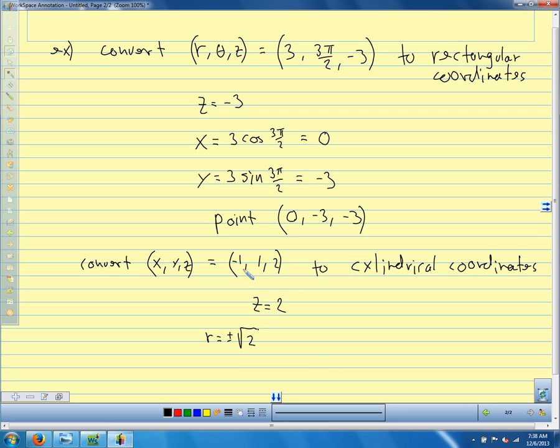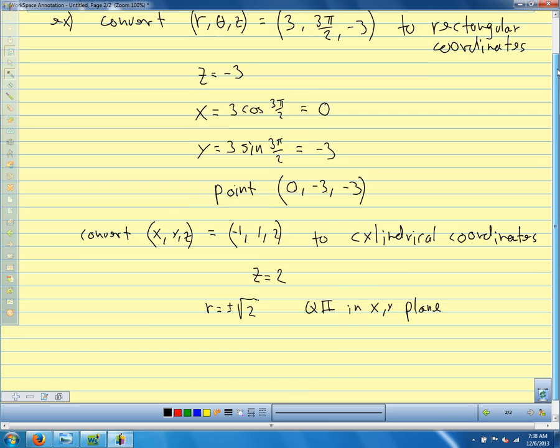And let's look at our x and y coordinates. What quadrant are we in the xy plane here? The x is negative, y is positive, so we're in the second quadrant in the xy plane. So that tells us where we need to find our theta. We need a second quadrant angle for theta.